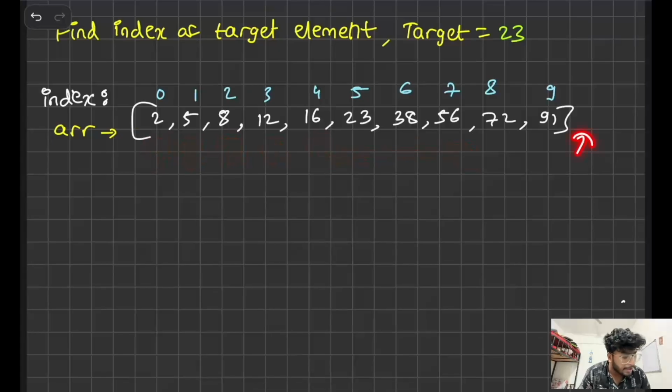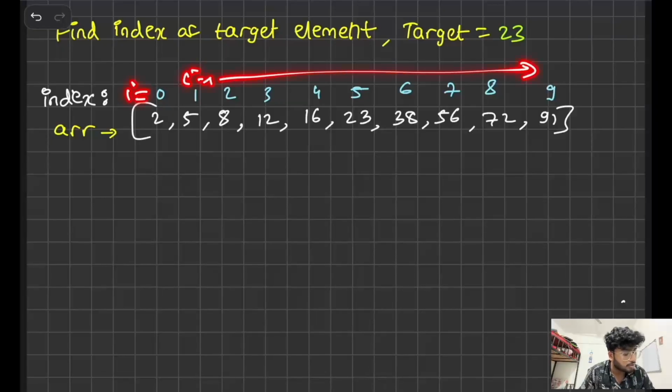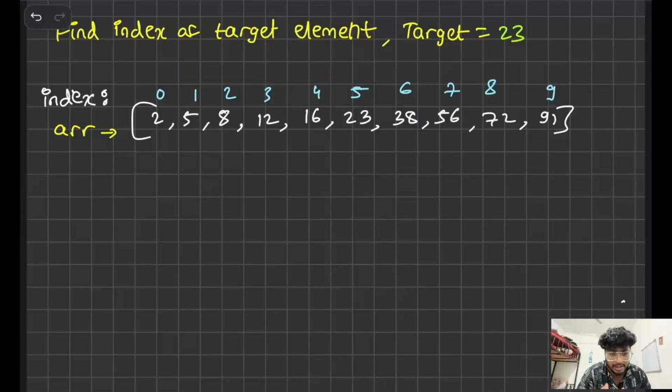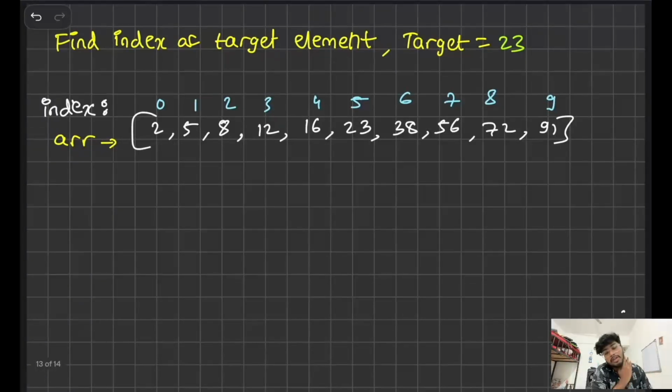Let's say this was an array of size 10. Initially my i was equal to 0, then i equal to 1, and so forth. If my i becomes 10, that is, we reach the end of the array and go out of bounds, then I can say my element does not exist. This is the normal approach.